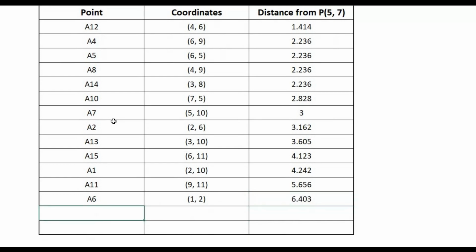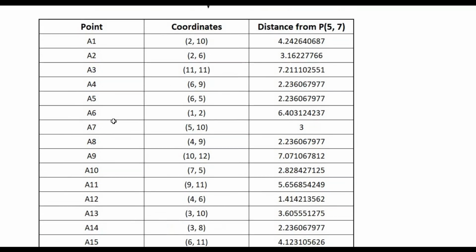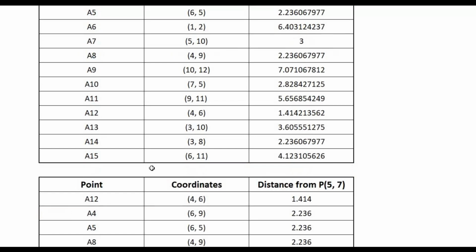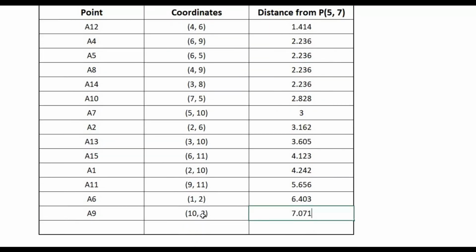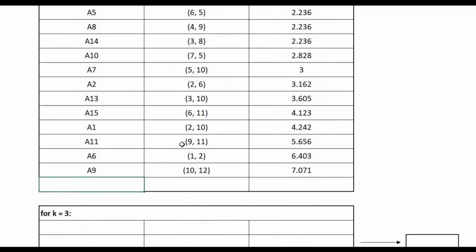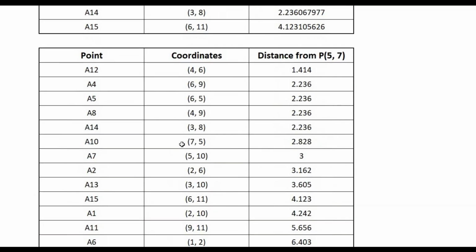Now the next is the 7 series. First we have 7.071, A9, coordinates 10, 2, 7.071. Now the last we have is A3, 11, 11 coordinates, and the value we have is 7.211.